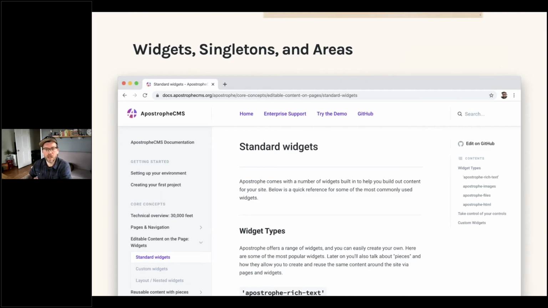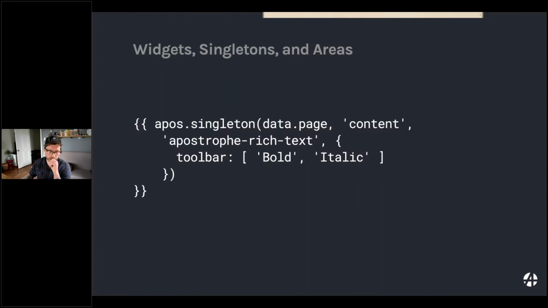So what this looks like at a code level, here is just a singleton that I'm going to add to my template itself. It's going to use the apos Nunjucks template helper, calling a singleton. This data.page is where I'm going to save the data to, the name of the area that I'm going to add it in, and the individual widget that I'm going to stick in that area with optionally some additional configuration.